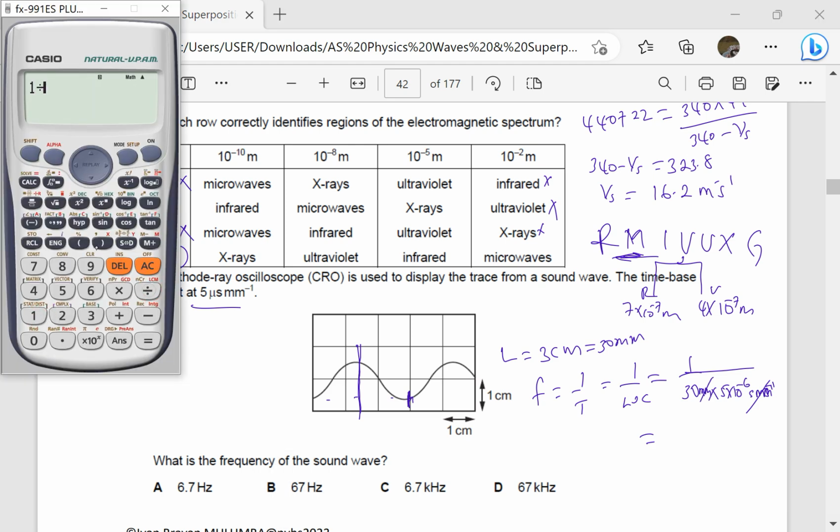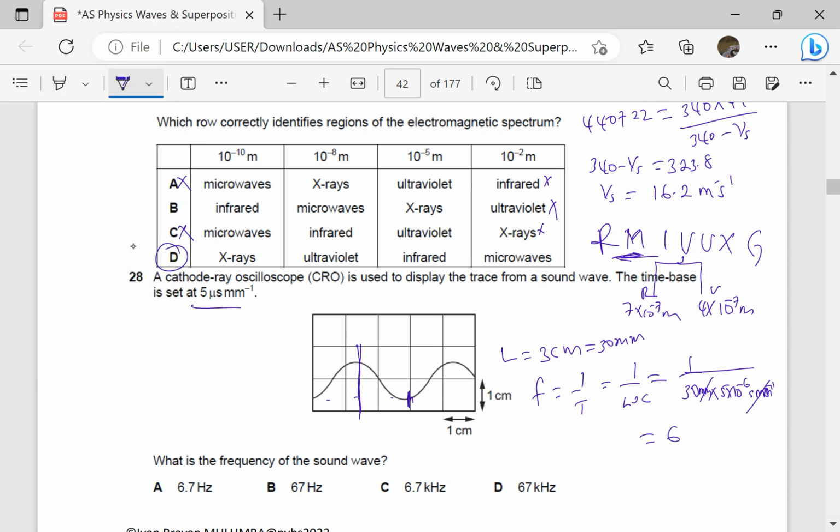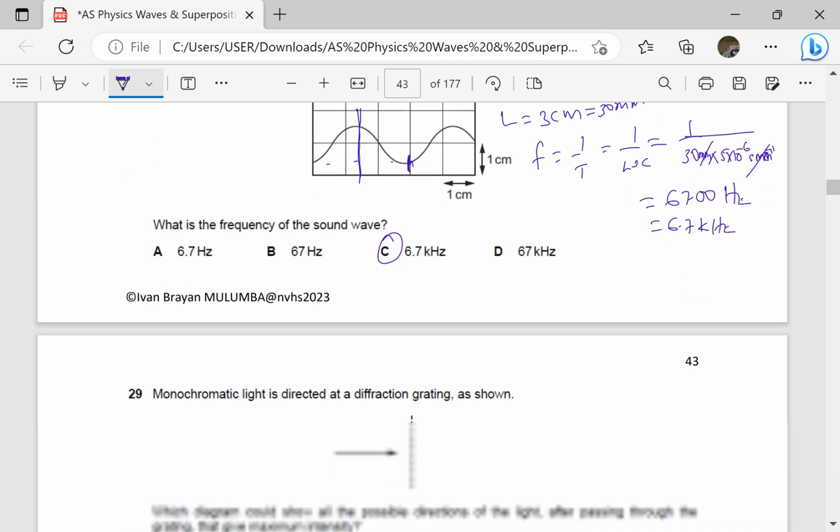So it is 1 divided by 30 times 5 exponent negative 6, which is 6700 hertz. That is 6.7 kilohertz. So the answer is going to be automatically C, approximately C.